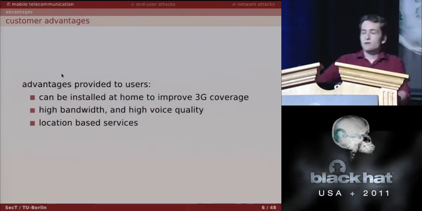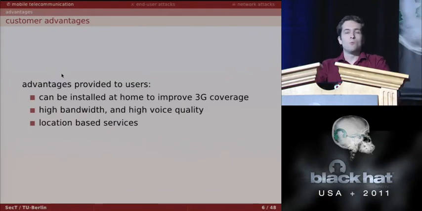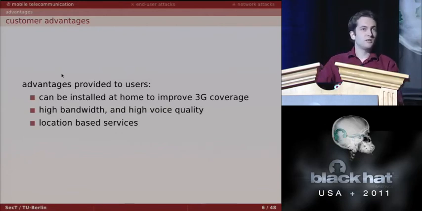Why deploy femtocells and not more node Bs? Well, femtocells have some advantages for the users. First, it gives 3G coverage. So if you're somewhere lost in a small town, you don't have any 3G coverage, you wish to have one, but the operator doesn't install anything because it's not worth the money, then you just buy it from the operator, and then at home you have 3G coverage.